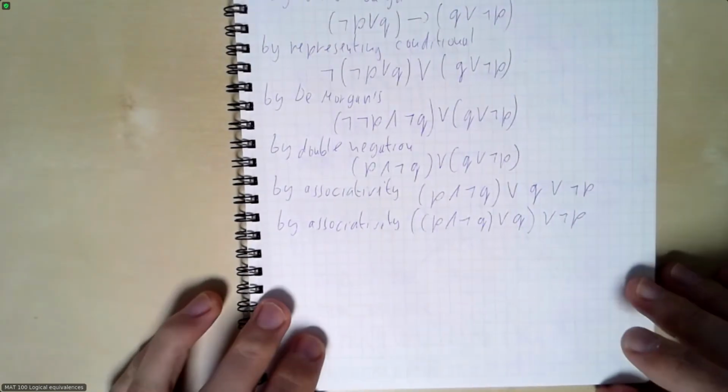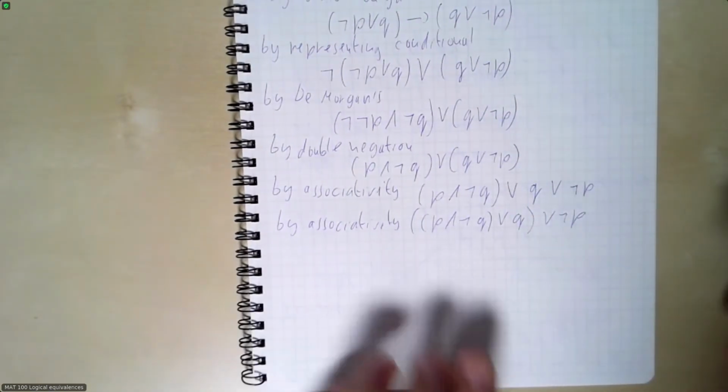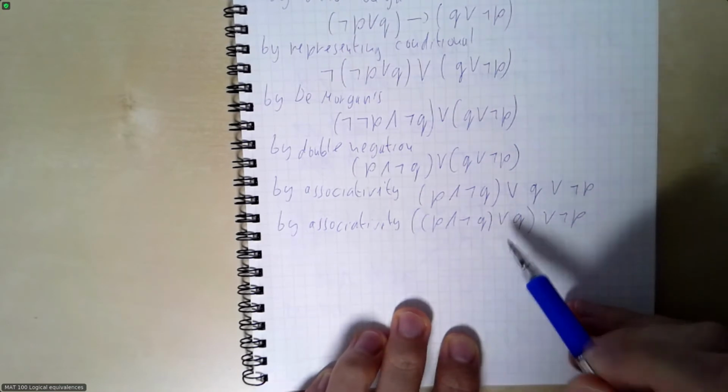Oops, okay, we have enough room here. So what's the next step? Well, this is distributivity.